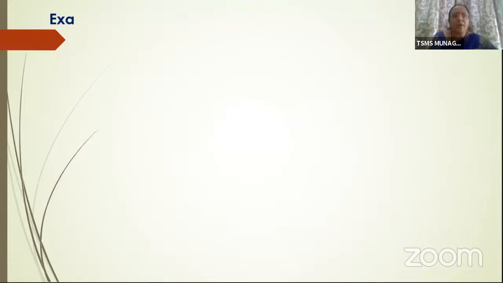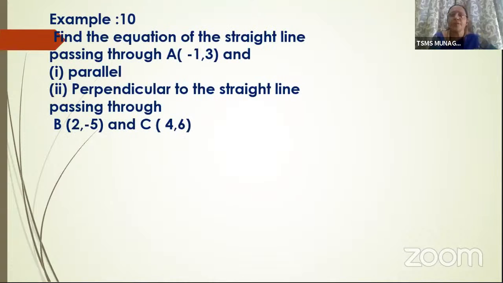You can see on the left that there is one line passing through minus 1 comma 3, whose equation we are supposed to find. For that, what are we given?